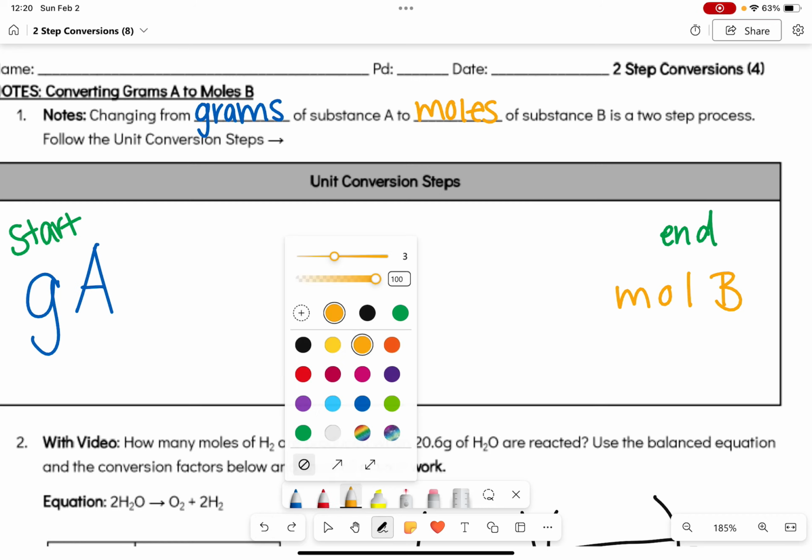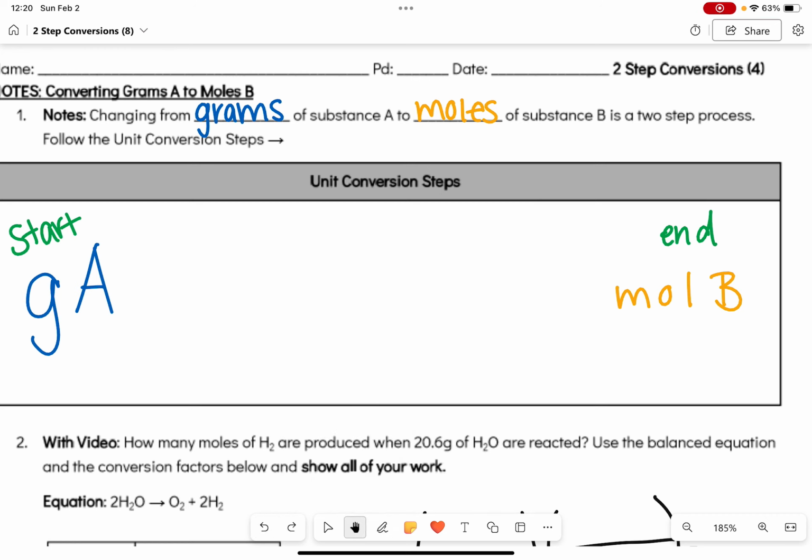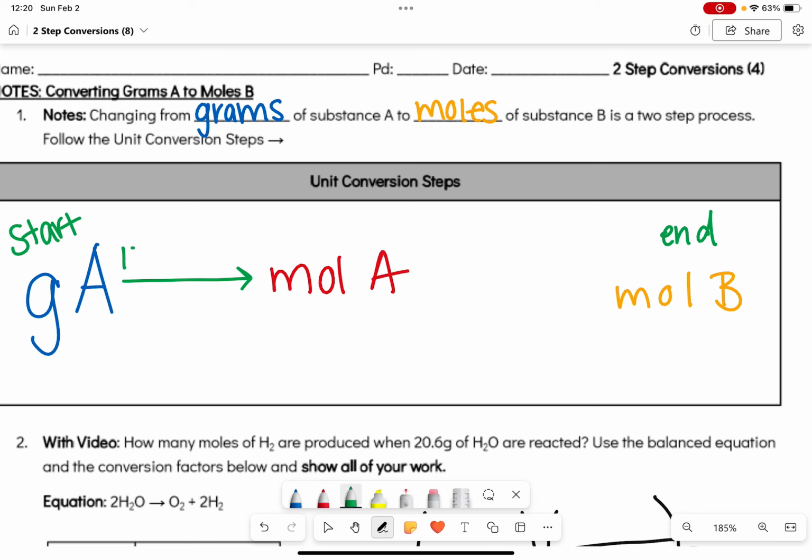And so your first step is to go from grams of substance A to moles of substance A. Now, we've already done this. We've done this using our molar mass, or our mass from the periodic table.